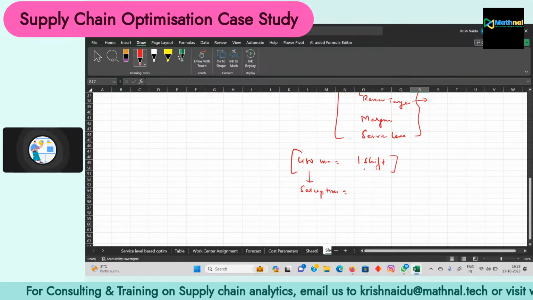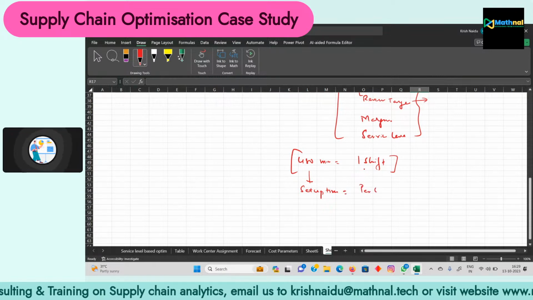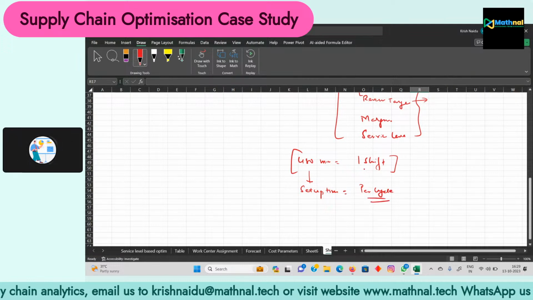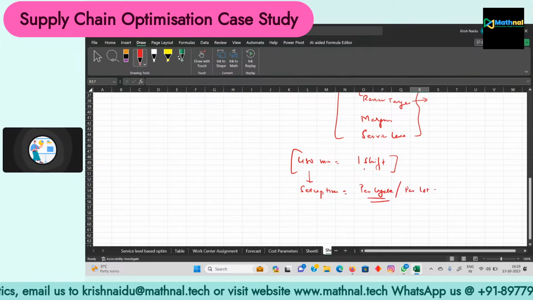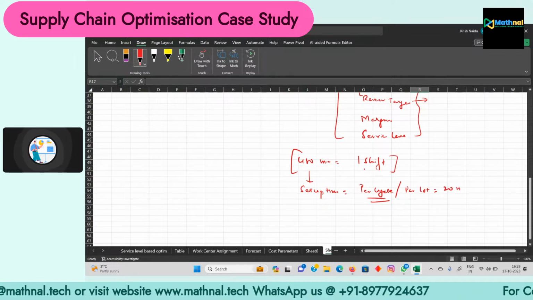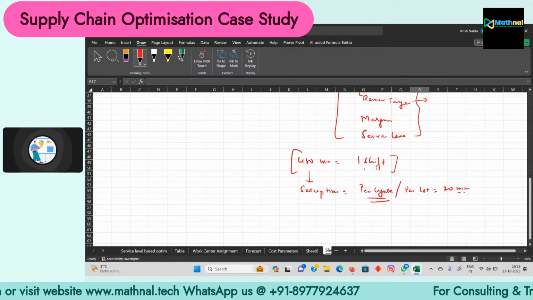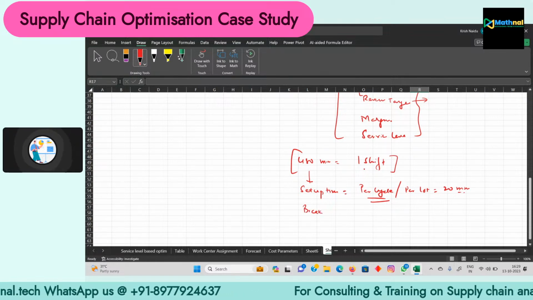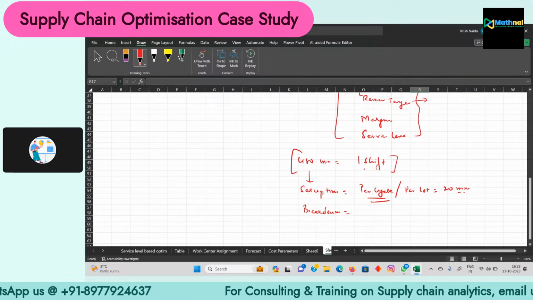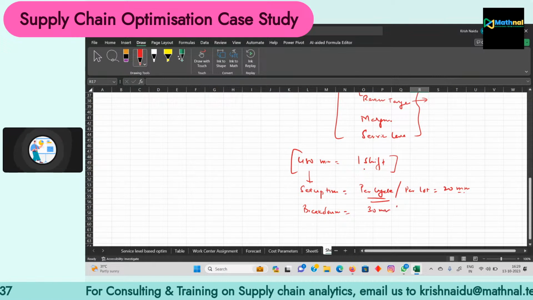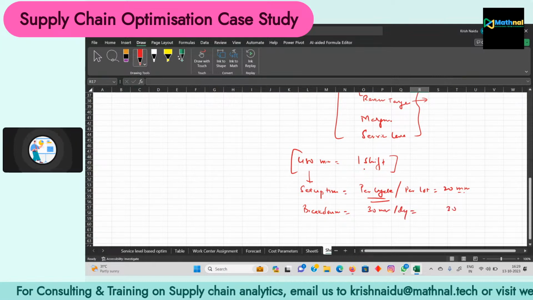We have setup time. Per cycle, suppose per lot, you're losing some certain setup time. So let's say you're losing around 20 minutes of setup time. And you're also having some kind of breakdowns. Breakdowns could be around, let's say, 30 minutes per day, on average.